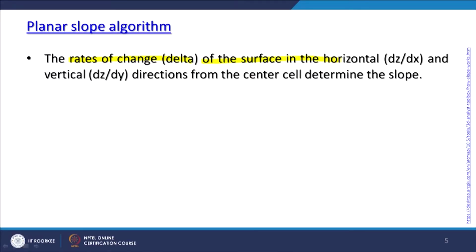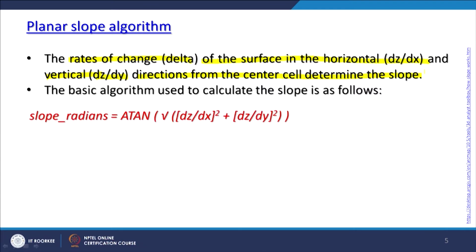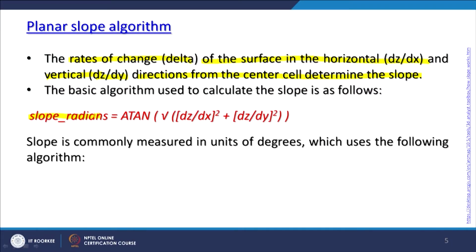Now, when we go for the planar slope algorithm, the rates of change of the surface in the horizontal, that is dz by dx, and vertical, dz by dy, directions from the center cell will determine the slope. And the basic algorithm used for the slope calculation is like this. You can have slopes in degrees or radians or whatever you want.